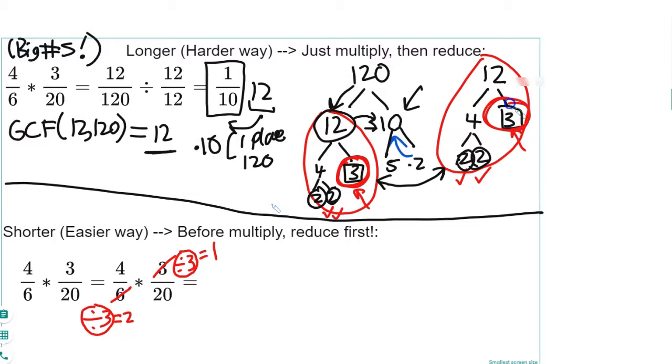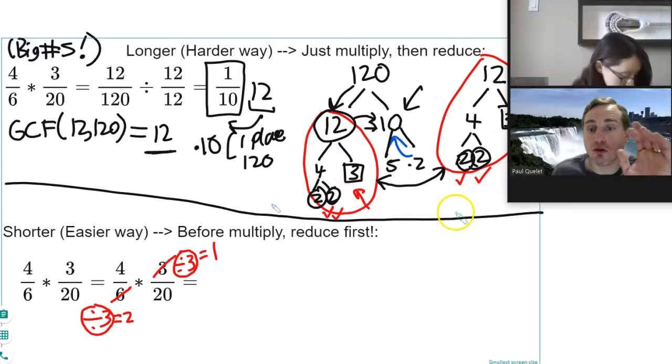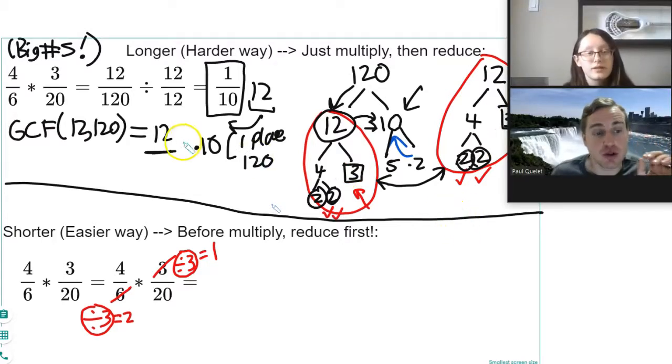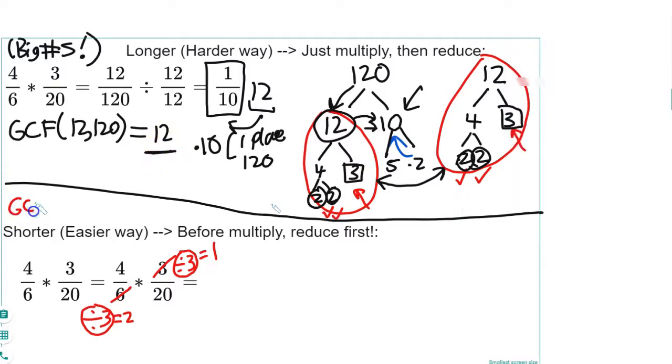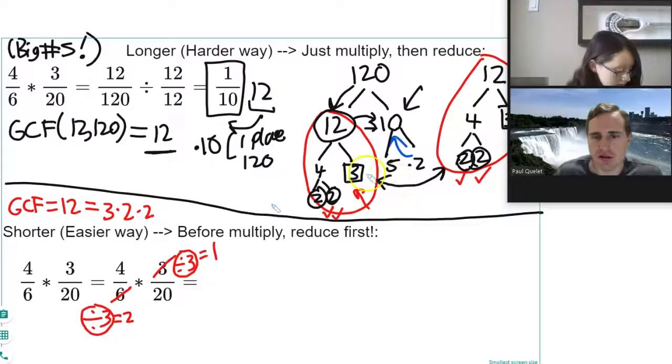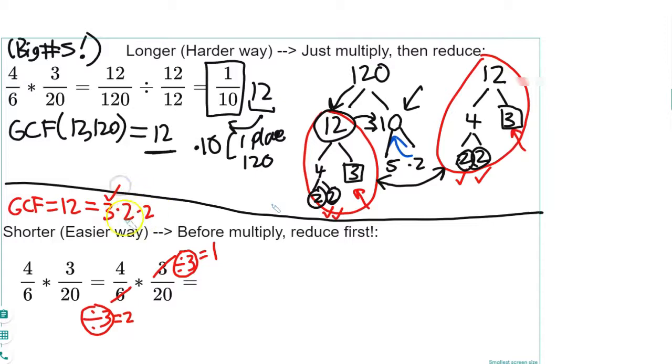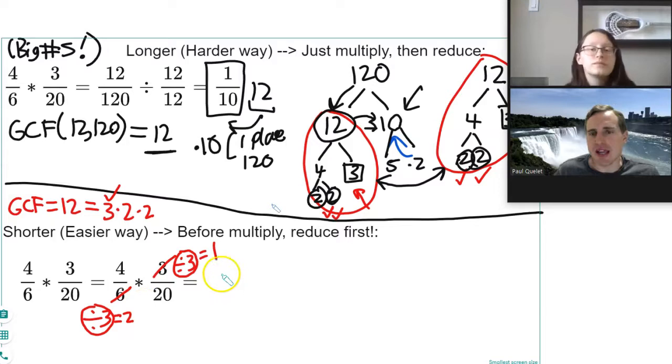Now, the greatest common factor is 12, so we already know the GCF. 12 is the same thing as 3 times 2 times 2, right? Because it's all the shared stuff: the 3 and the two 2's. So we've already taken care of the 3, but we haven't taken care of the 2's. So what do you think? We still need to divide out two 2's.